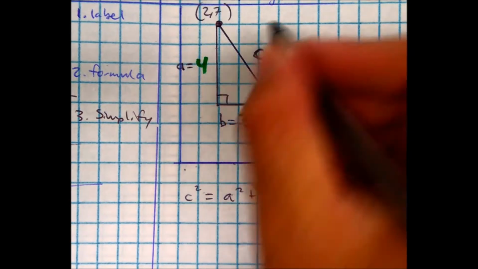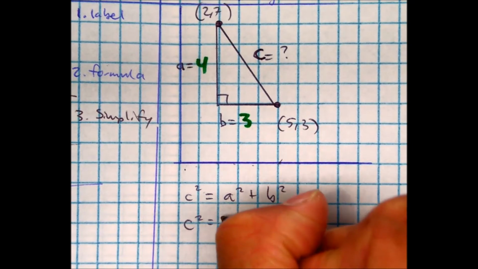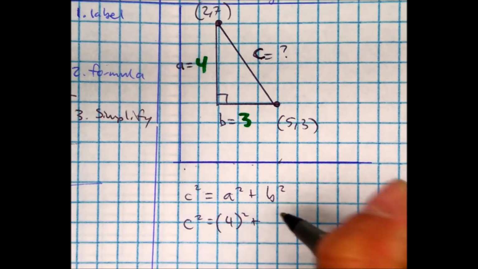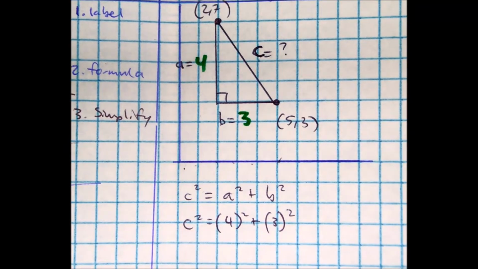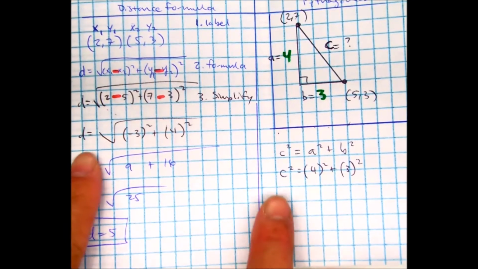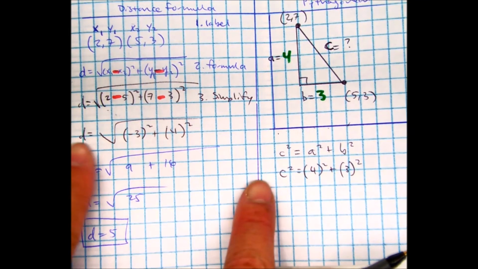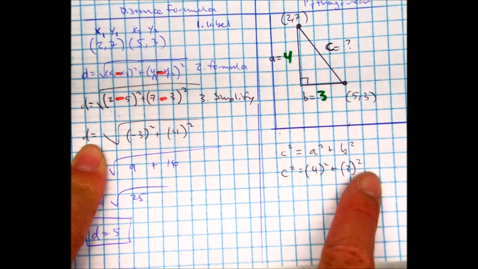Your substitutions. C is an unknown, so we'll just leave it as C. A value, 1. B value. Look at that. Oh my goodness. It looks very similar, doesn't it? I can get rid of the power of 2 by taking the square root.